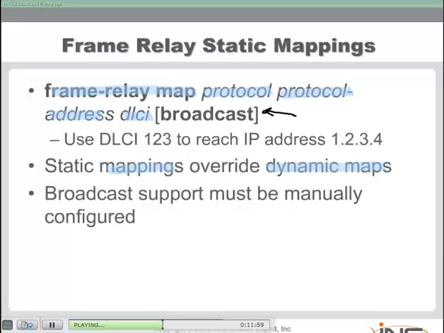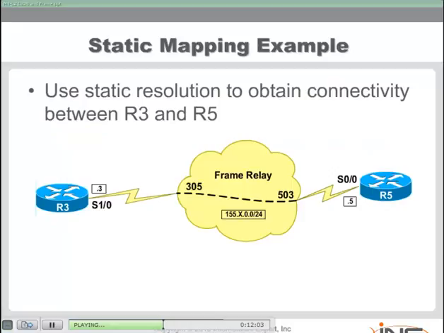So, if you wanted to, you could take that topology that we looked at earlier, where we are using the physical multi-point interfaces in order to give R3 and R5 connectivity over the frame relay network. We could go in and we could turn off the Inverse-ARP behavior if we wanted to on both of these devices, and then we could go in and provide the static mappings.